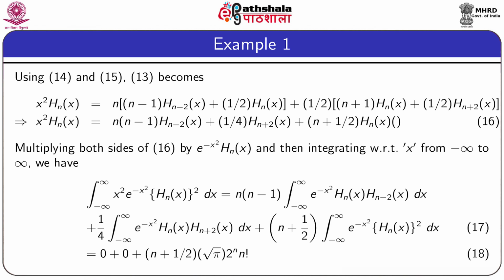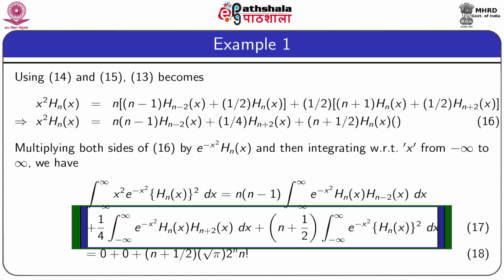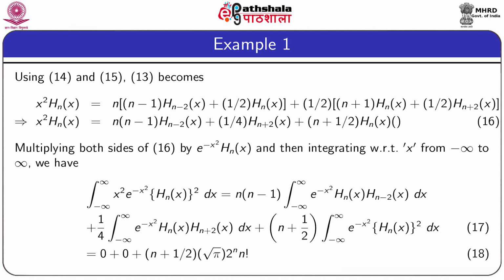In the second expression of 17, we have the same logic that this n is not equal to n plus 2, and hence the integration of this expression will be equal to 0. However, in the third expression, when both are same, that is H_n(x) whole square, we use the orthogonal property and we will be getting n plus half into root pi into 2 to the power n into n factorial, given by equation 18.